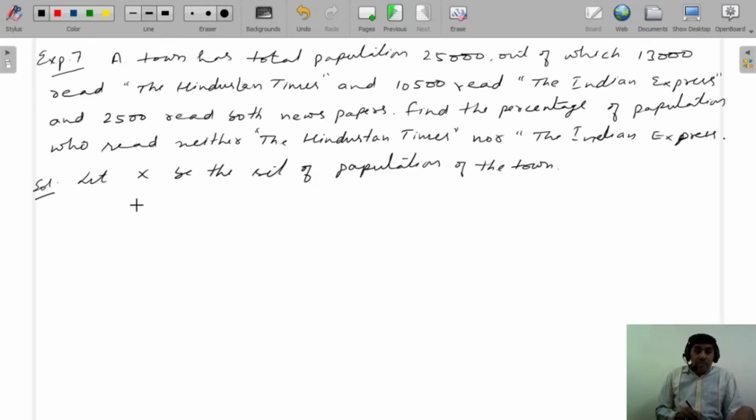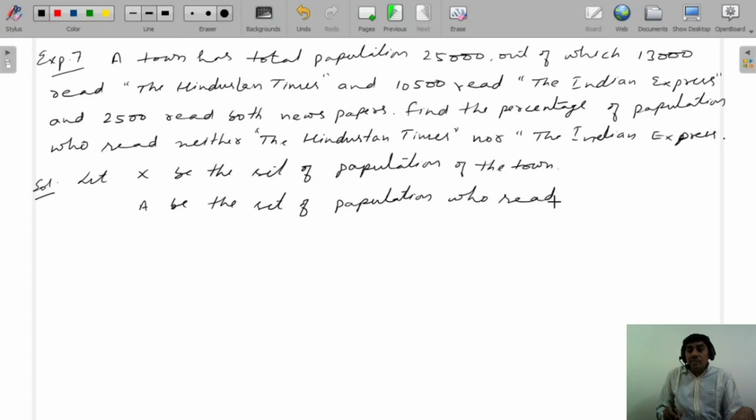A be the set of the population who read the newspaper the Hindustan Times.